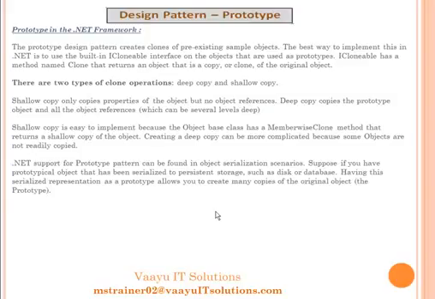Now you write some method where you create copies of the current object. When you are copying, the new object will have the same information as what was in the serialized object. So now we know what the prototype design pattern is.